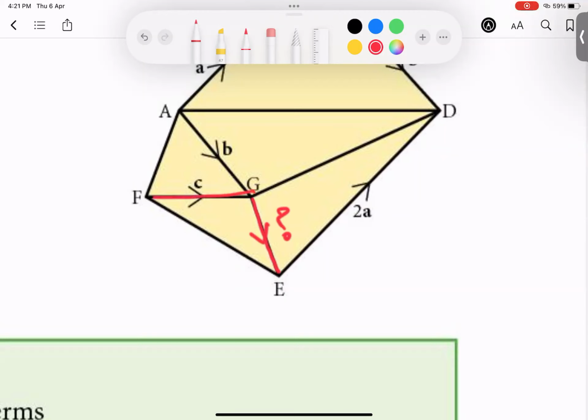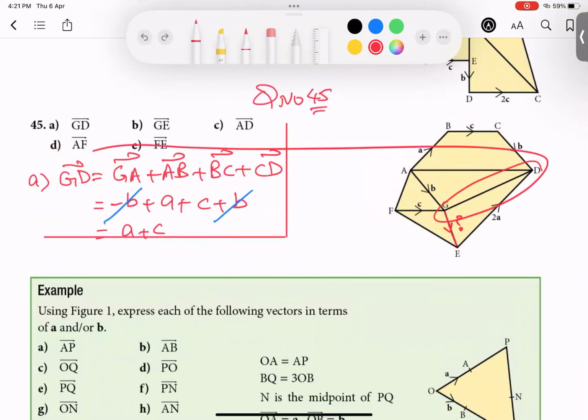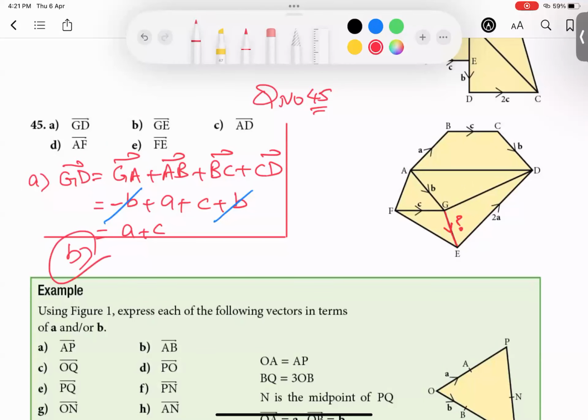For example, G to F, F to E, but F to E we don't have, so I can't go this path. But G to D, D to E is okay. Why, sir, you can ask me. Because G to D I just found. It means if you are on part B, keep your eye on part A. Sometimes the previous part will help you.